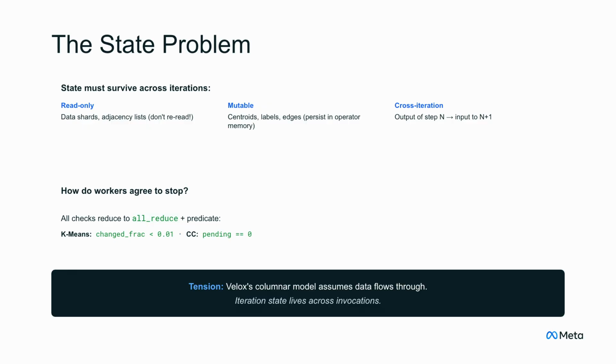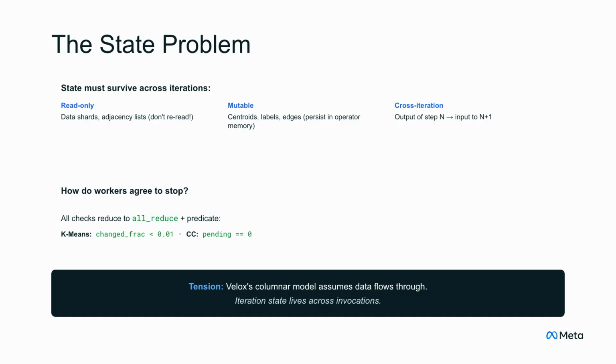And then for the convergence check, across every algorithm, we compared and listed the convergence checks for different ones, like k-means and connected component, and we found that they follow the same pattern. They do an all reduce, then check some counters or metrics, and with that, they apply a predicate.